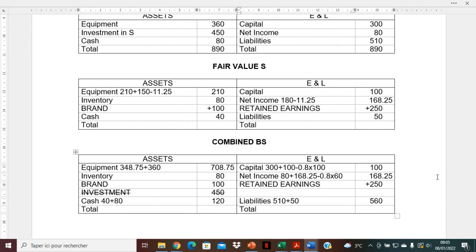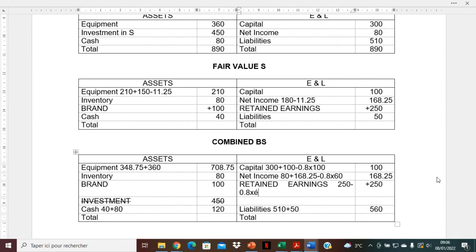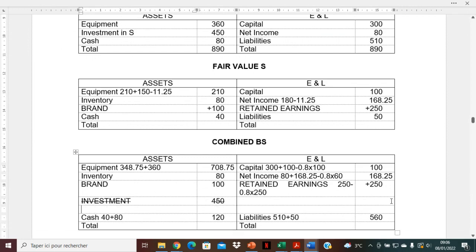And retained earnings, well, we have 250, and I will eliminate 80% of 250. These are the numbers at acquisition date. If I take 80% of 100, 80% of 60, and 80% of 250, in total that's 328. So my balance sheet is not balanced. Why not?